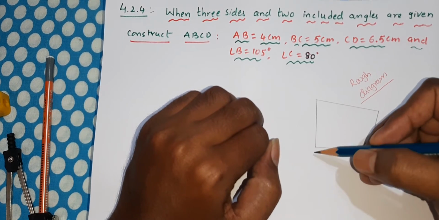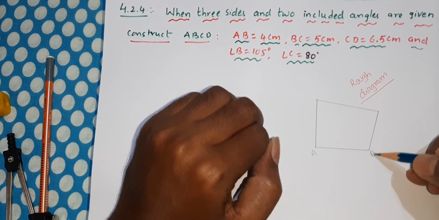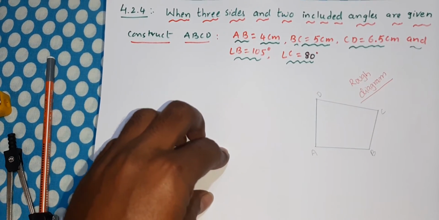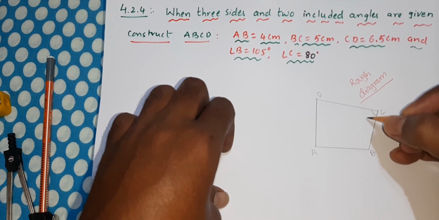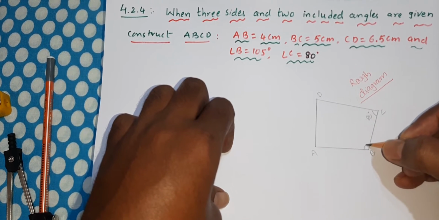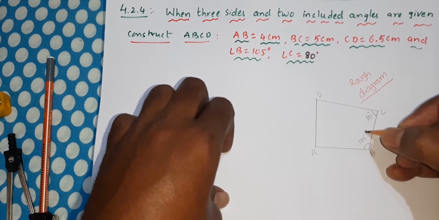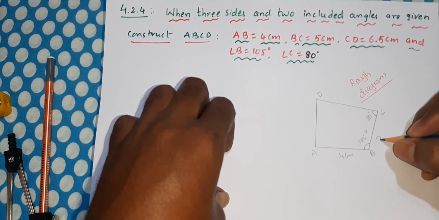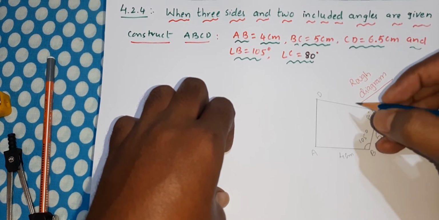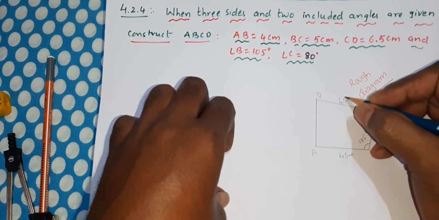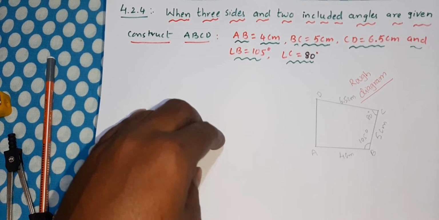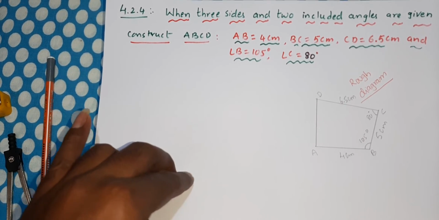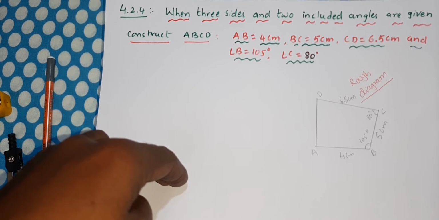This is ABCD. They mention here angle C is 80 degrees, angle B is 105 degrees, AB is equal to 4 centimeter, BC is equal to 5 centimeter, CD is 6.5 centimeter. So we are going to construct this quadrilateral ABCD with three sides and 2 included angles given.